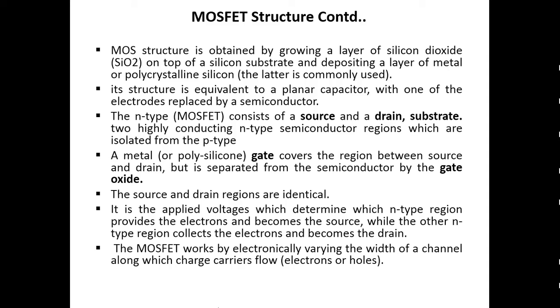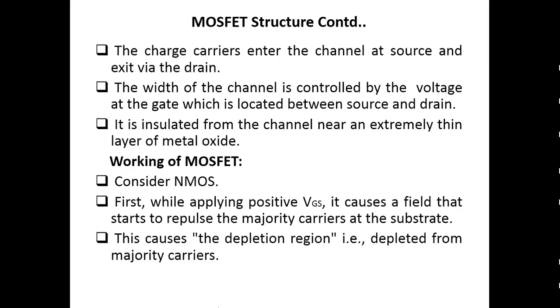The charge carriers may be either electrons or holes depending upon the type of material we use, N-type or P-type. The charge carriers enter the channel at the source and exit via the drain. The width of the channel is controlled by the voltage at the gate, which is located between source and drain. It is insulated from the channel by an extremely thin layer of metal oxide. All these constructional features are very similar to the MOSFET features which you have already learned.